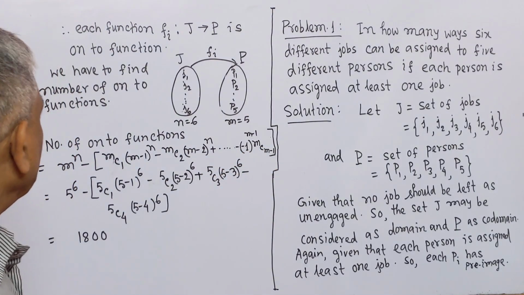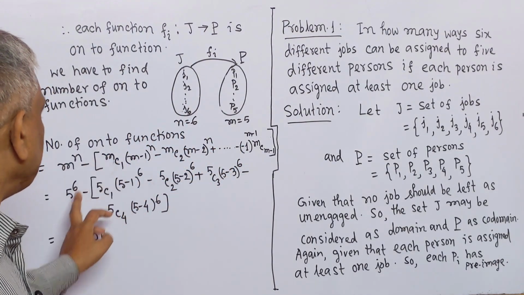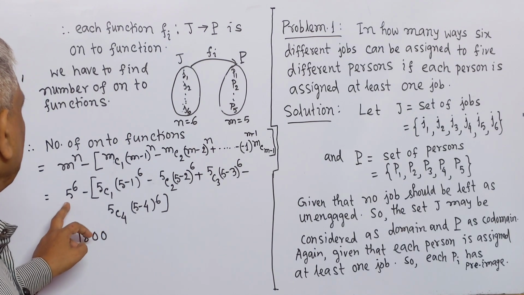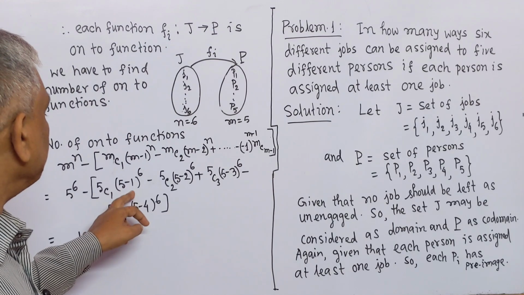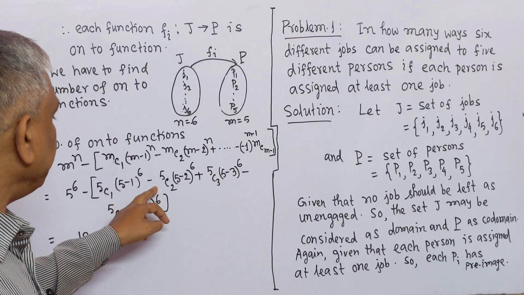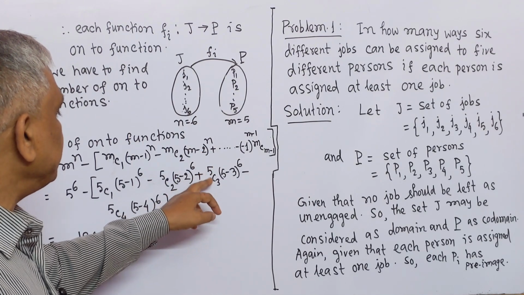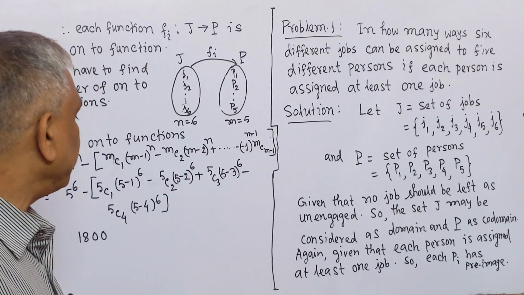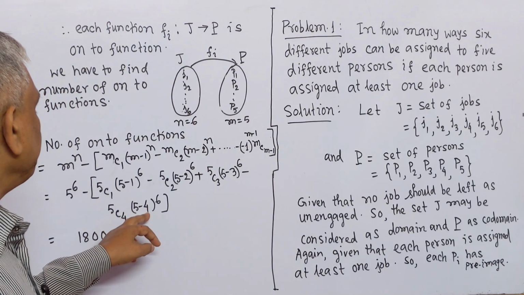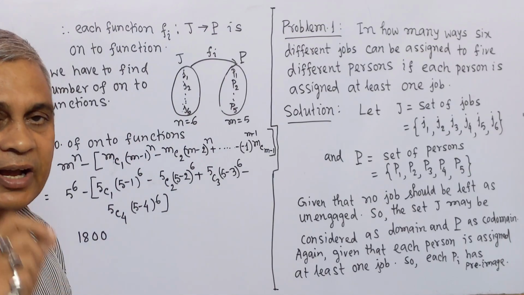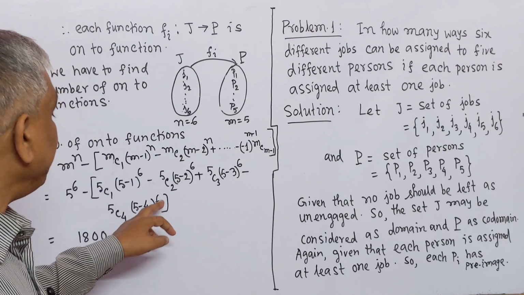Here putting M is 5 and N is 6, we get 5 to the power 6 minus 5C1 (5 minus 1) to the power 6 minus 5C2 (5 minus 2) to the power 6 plus 5C3 (5 minus 3) to the power 6 minus 5C4 (5 minus 4) to the power 6, and the last is plus 5C5 (5 minus 5) to the power 6.